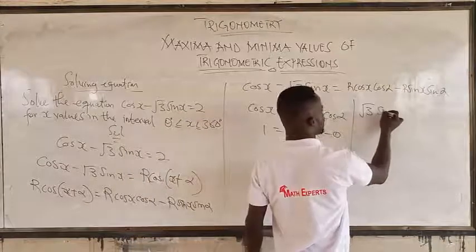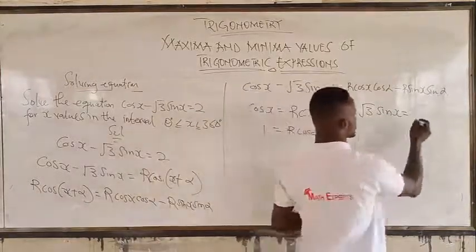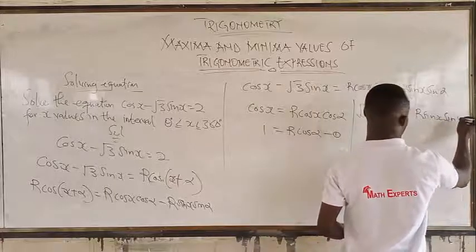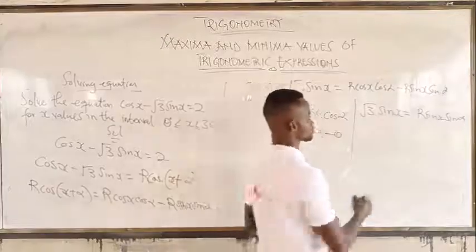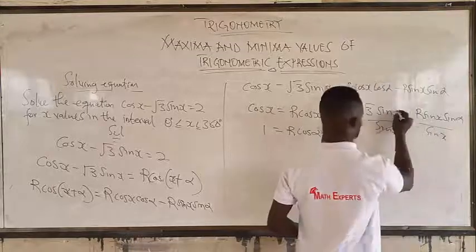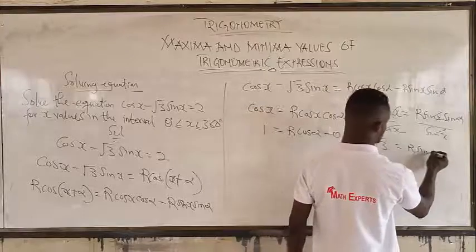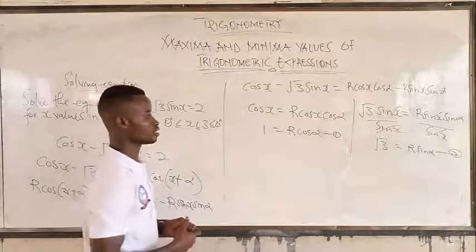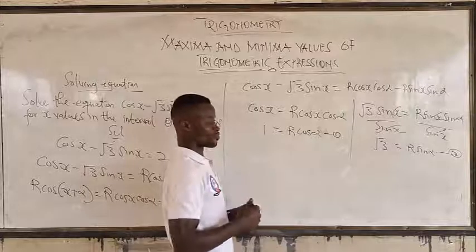Square root of 3 sin S will be equal to r sin alpha sin S, then you divide both sides by sin S. So for you to get tan, divide equation 2 by equation 1 so that you can get sin alpha over cos alpha.